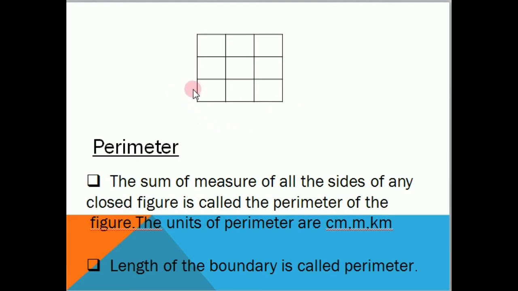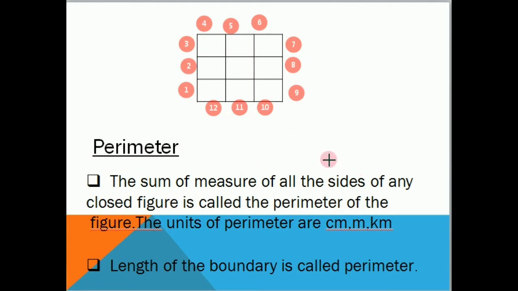Let us understand this by this example. Suppose we want to find out the perimeter of this closed figure, and measurement of each square is 1 centimeter. 1, 2, 3, 4, 5, 6, 7, 8, 9, 10, 11, 12.